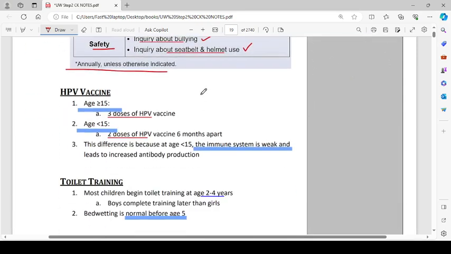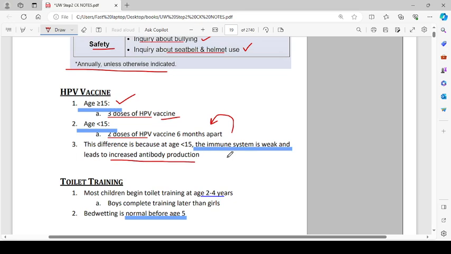HPV vaccine, I'm sorry, human papilloma virus vaccine. Age 15 or more than 15, 3 doses of HPV vaccine. If age is less than 15, then we give 2 doses of HPV vaccine 6 months apart. The explanation given is that in those less than 15, the immune system is weak and leads to increased antibody production.